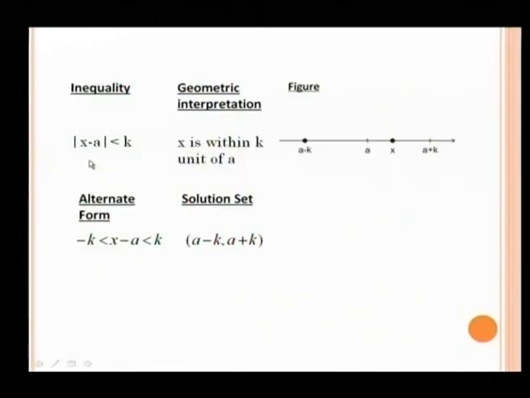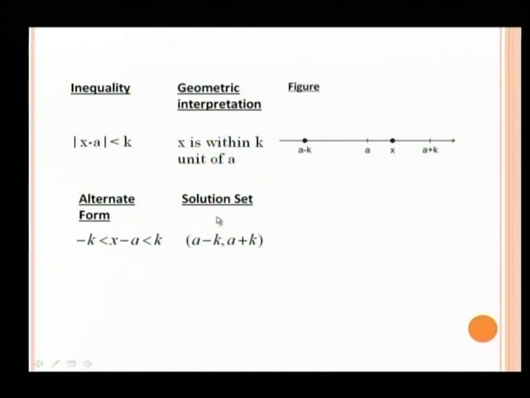As the first inequality, we have |x minus a| less than k. The geometric interpretation of this inequality can be stated as that x is within k units of a. The alternate form for this inequality can be written as x minus a is greater than minus k and x minus a is less than k.